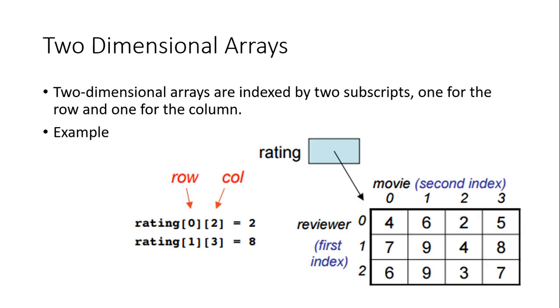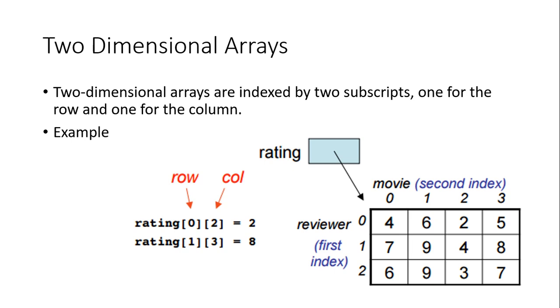So all a two-dimensional array is, is an array indexed by two subscripts, one for the row and one for the column. So it goes row by column. Those of you that have taken an enriched Algebra 2 or have looked at matrices before, matrices are a good way to think about your two-dimensional arrays.